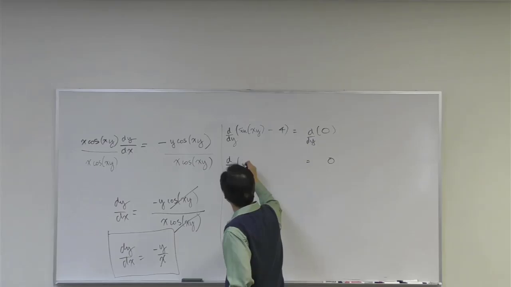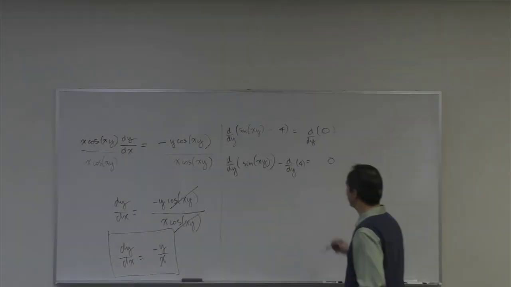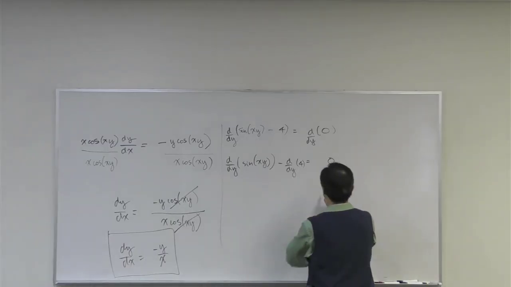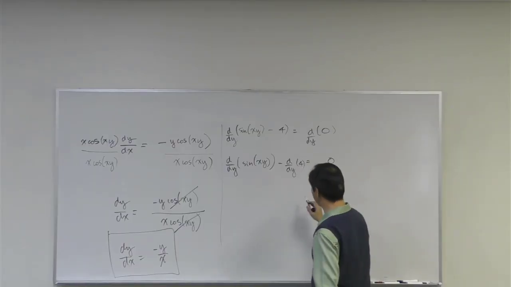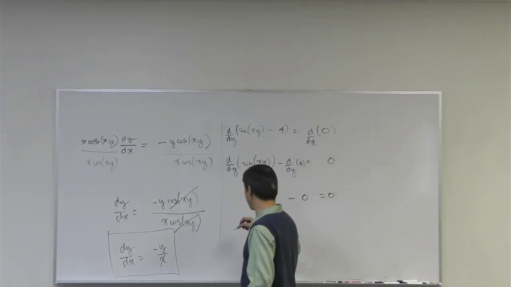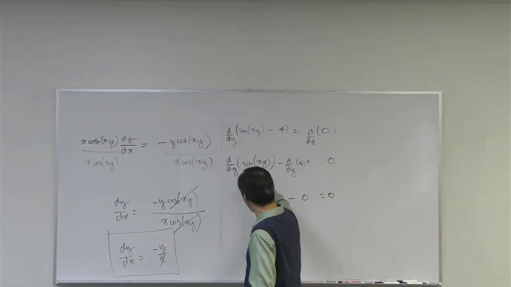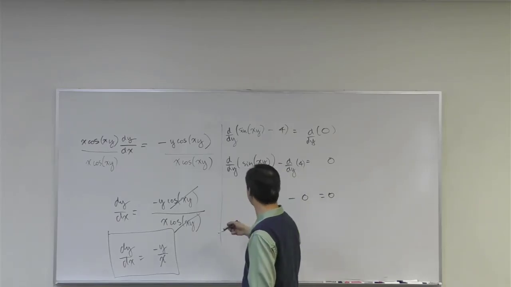One separate derivative on the sine of xy, subtract a separate derivative for the 4 with respect to y. So in my next step, yes, there's the 0 on the right hand side. The derivative for that term, no matter if it's in terms of x or y, is the derivative of a constant, so 0 minus 0. For this one, the chain rule kicks in again. No matter what variable we're using, the outside is the sine function and the product xy is the inside function.